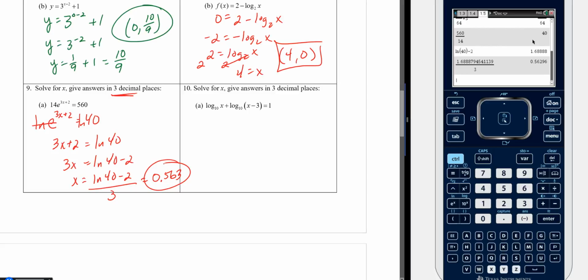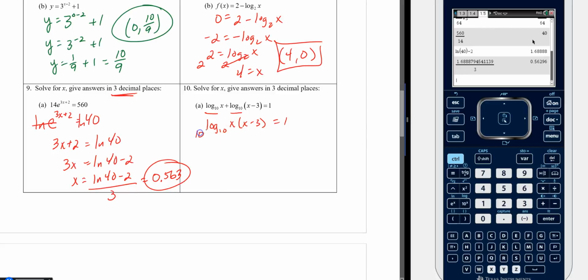Number 10, same thing, except this time I have 2 logs. They have the same base with addition, so that means I can use my exponent rules for condensing, which says I can multiply those two together. So that leaves me with a single log base 10 of x times x minus 3, and that's equal to 1.